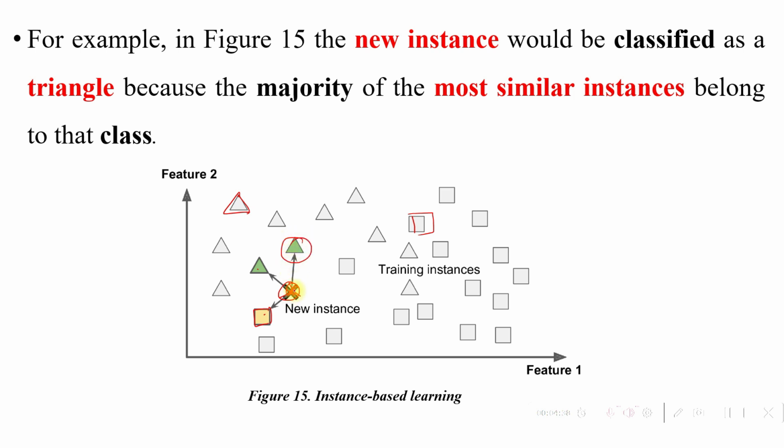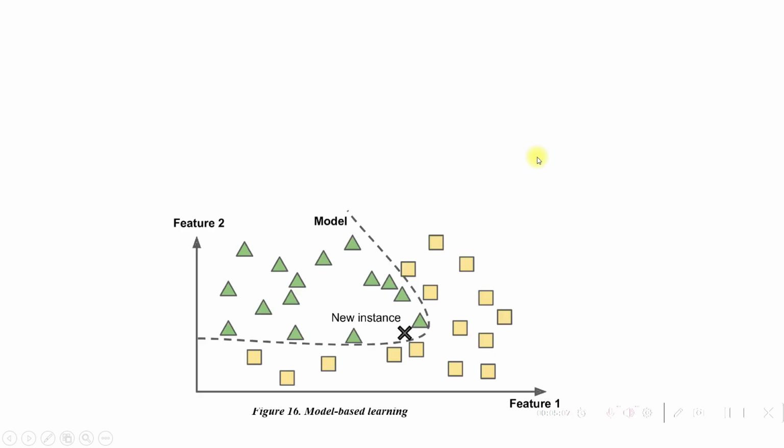We identify three elements very close to this new instance; the majority belong to the triangle class and one belongs to the square class. So our new instance becomes a triangle class. This is based on a similarity measure with the similar instances, and it is called instance-based learning.